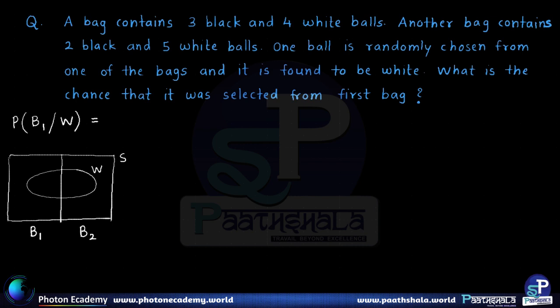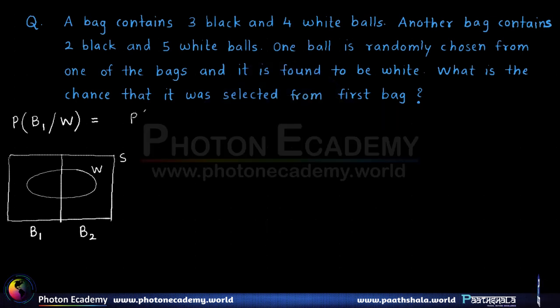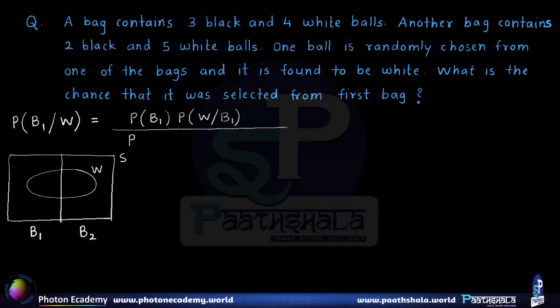So based on this, probability of B1 given W is given by probability of B1 into probability of W given B1, divided by, now the denominator contains the summation of all the terms of the type which are given in the numerator.